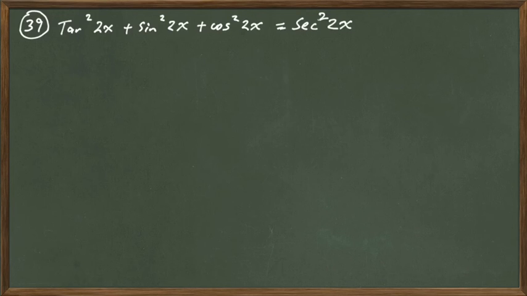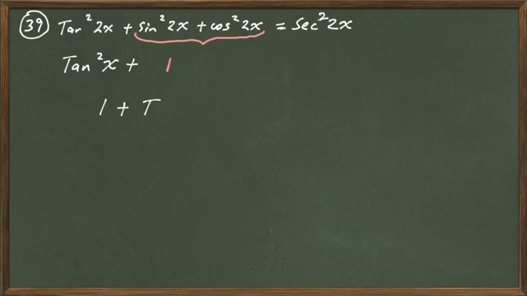And let's look at finally 39. I have tangent squared of 2x plus, does anybody know the most important trig identity of all? Sine squared plus cosine squared, as long as the angles are the same, is going to equal 1. Do you agree with that?